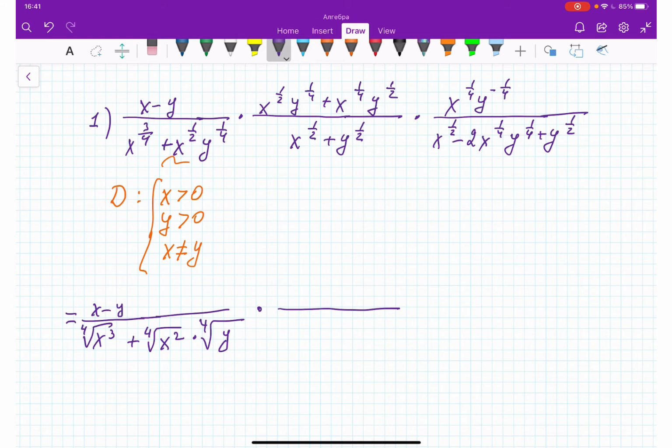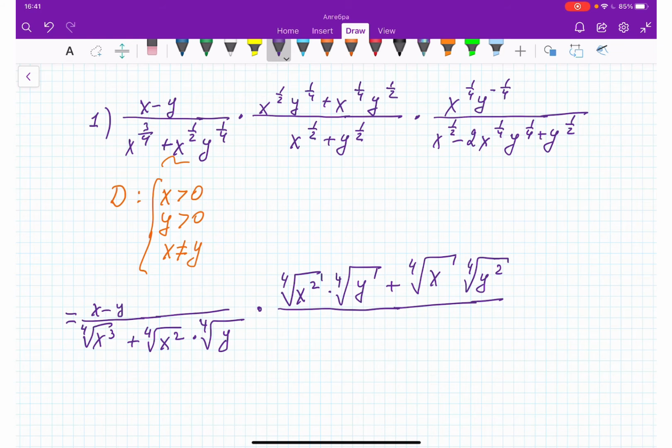Same way, everywhere x squared, I'm going to put degree 4. Degree 4 of x squared times degree 4 of y plus x here. I don't have to change because I have degree 4, and times degree 4 of y to power 2, right? I did the same change because it's 1/2. I turned it to degree 4.